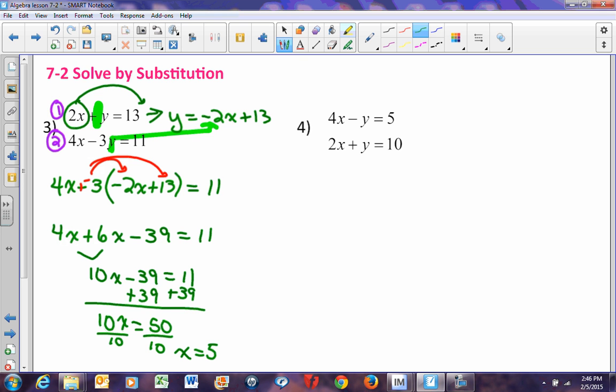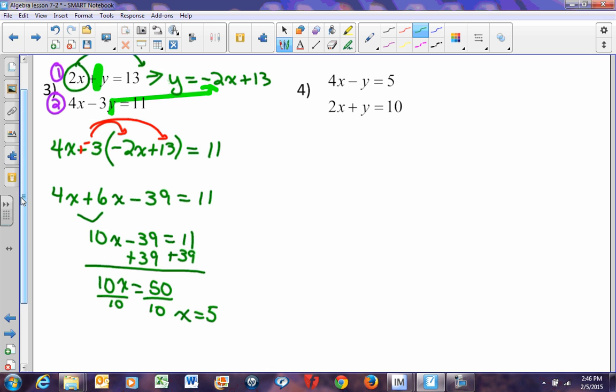And I have that x equals 5. Now I can solve for y. I can put it in any equation I want, but it's probably easiest to put it back into this equation right here because it's already solved for y. So I'm going to plug in x equals 5 into this equation up here. So I will have y equals negative 2 times 5 plus 13.